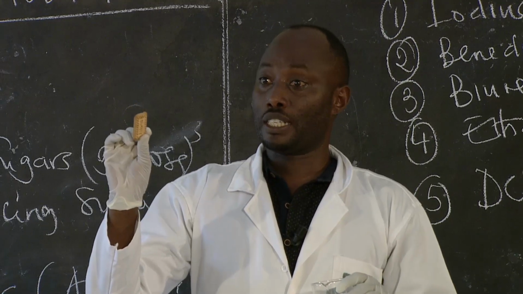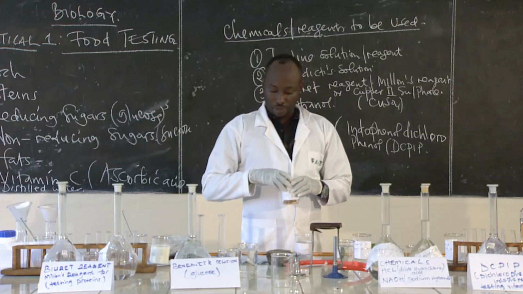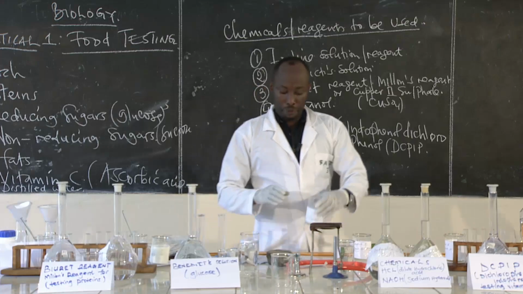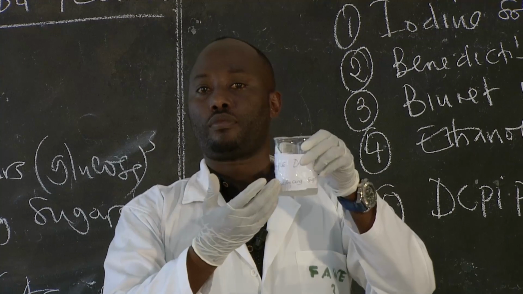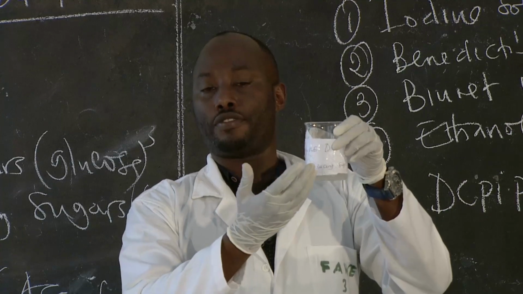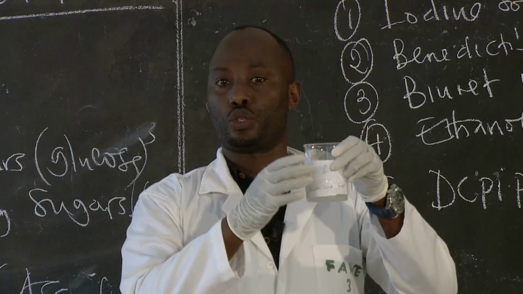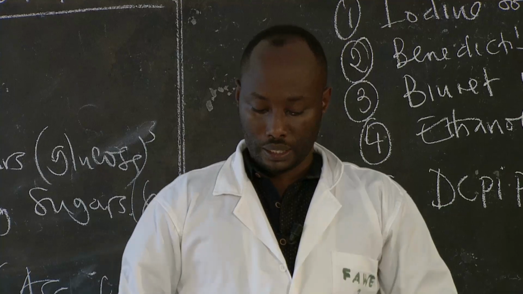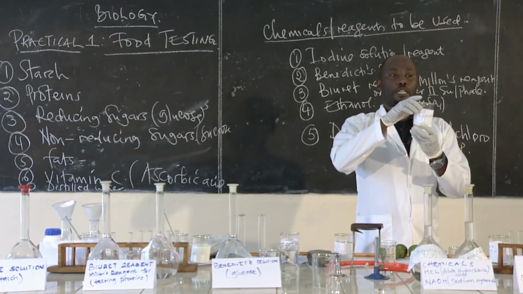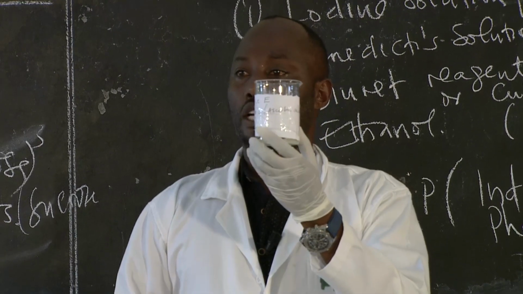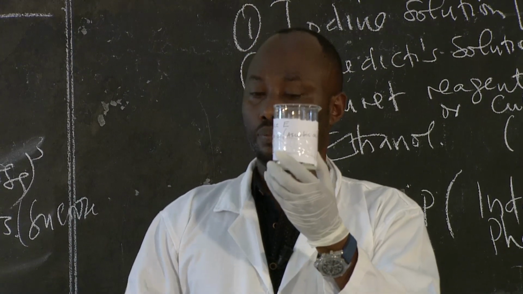Examples of reducing sugars are monosaccharides. I have sample D. Sample D is made up of non-reducing sugars, which is sucrose. Sample E is made up of ascorbic acid or vitamin C.